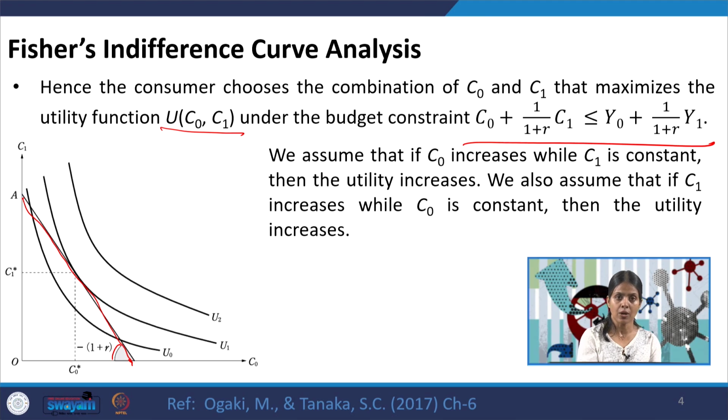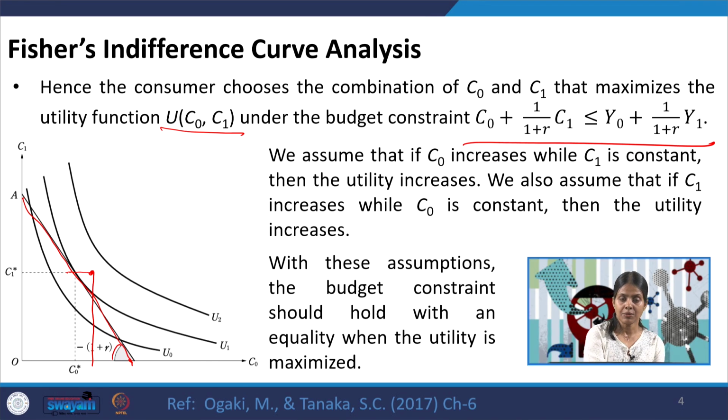This is one assumption of classical utility theory, where we assume that more is always better. So, as we hold the consumption in one period constant and increase the consumption in another period, this point is expected to give us a higher amount of utility.